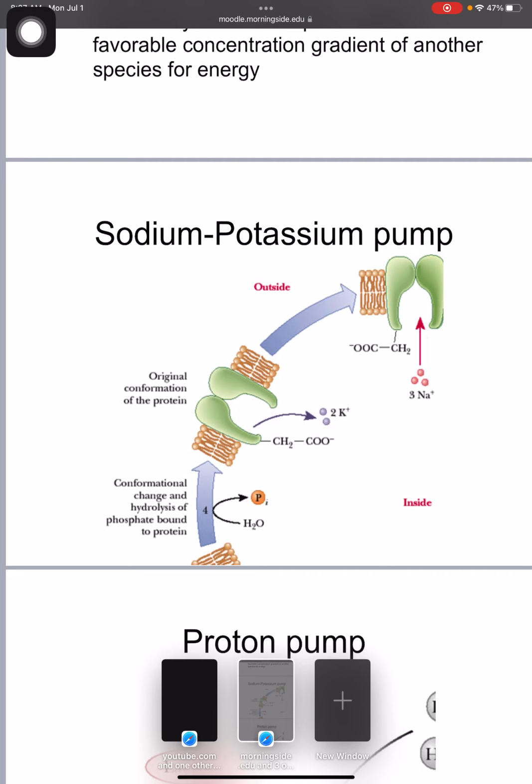All right, so if you look at the top of the circle there, basically what happens in that first step is that 3 sodium ions from the inside can bind to your ATPase, and at the same time there is an ATP that gets cleaved, right, where you have a phosphate group that's chopped off, and that's attached to your ATPase.